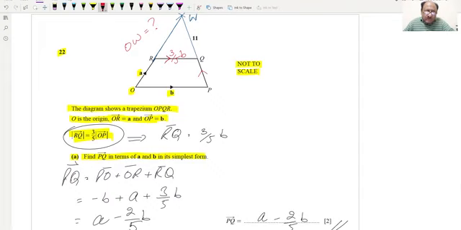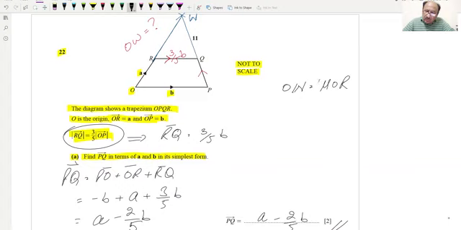OW will be equal to some multiple of OR. So we can write mu OR.